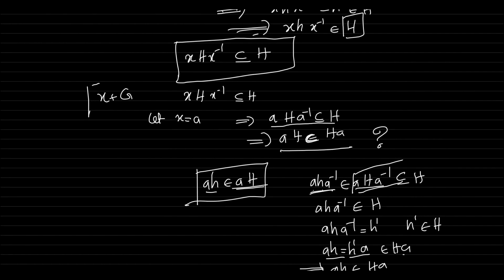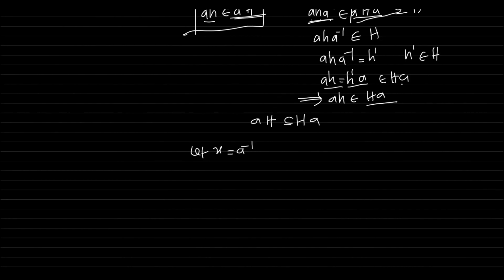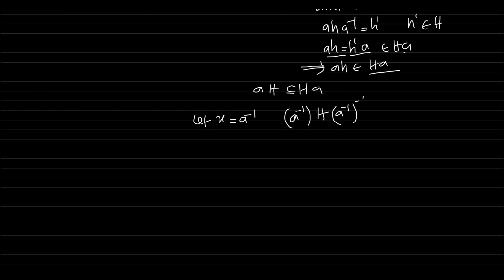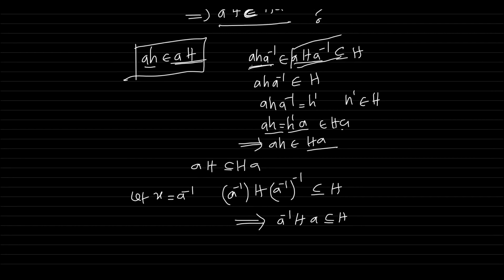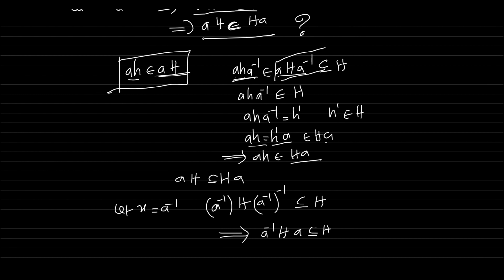Then from this we will get a inverse H a inverse, all inverse, is contained in H, and this implies that a inverse Ha is contained in H. And here we have proved that aHa inverse is contained in H implies that aH is contained in Ha.